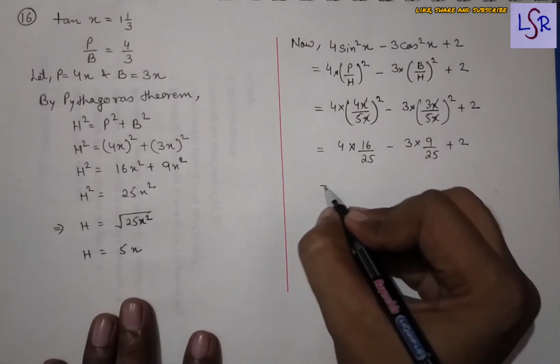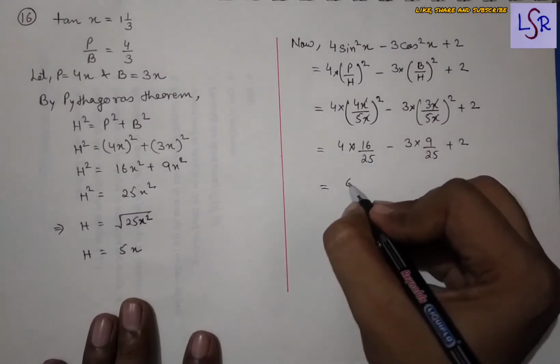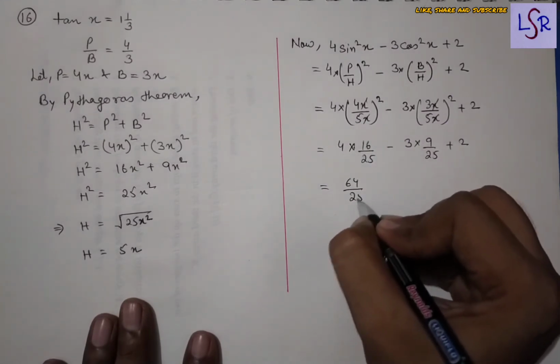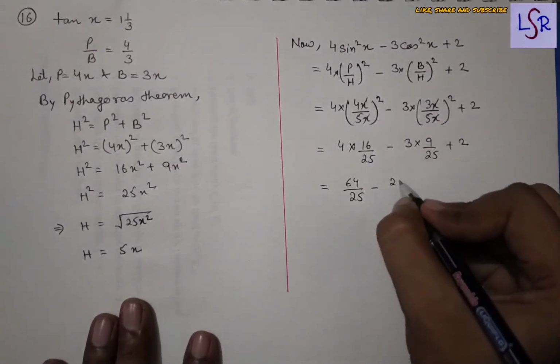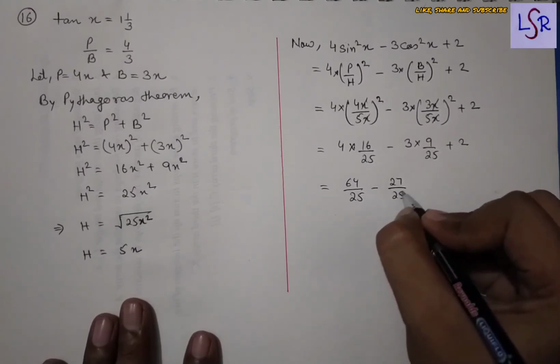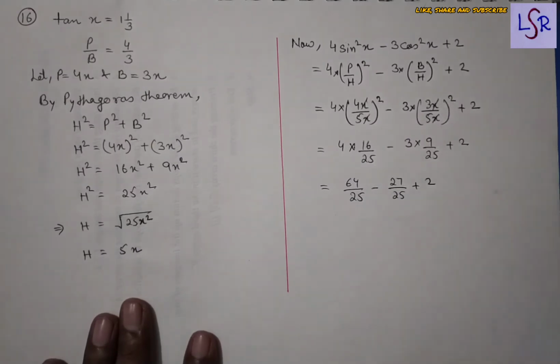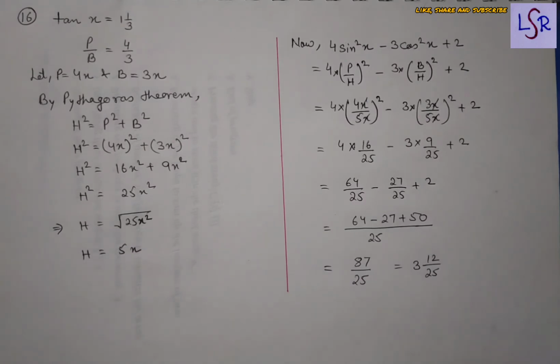Now solve this one. 16 fours are 64 by 25 minus 27 by 25 plus 2. And on taking LCM and all, we finally get 87 by 25, and changing to mixed form, we have got this as the final answer.